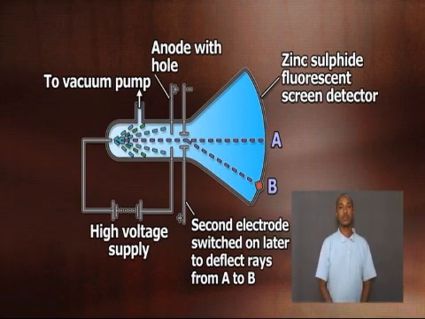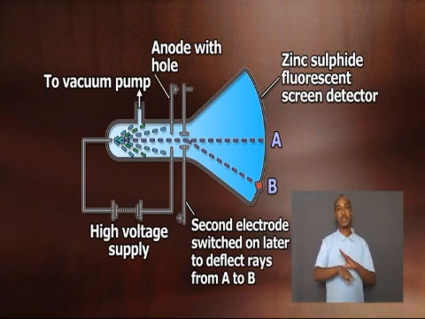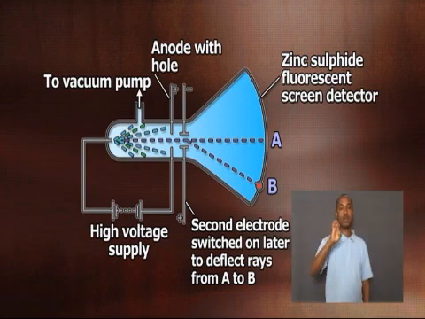On either side of the tube, there are two electrodes sealed inside. The negative electrode is the cathode, while the positive one is the anode.